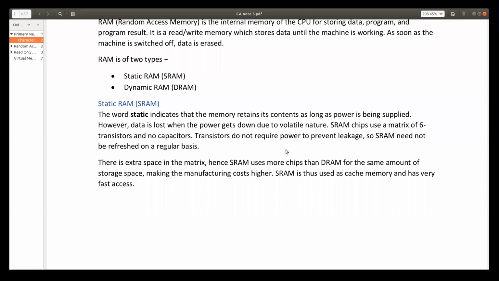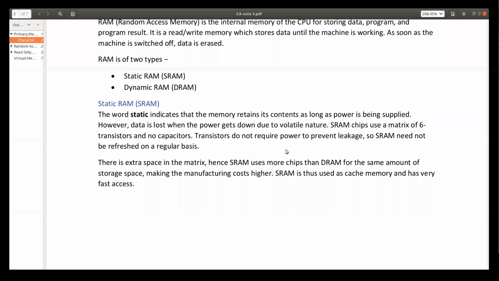Okay, try to understand the difference. Static means it is fixed kind of thing. It is not changing. So static indicates that the memory retains its contents as long as your computer system is getting the power. Power means electric supply.